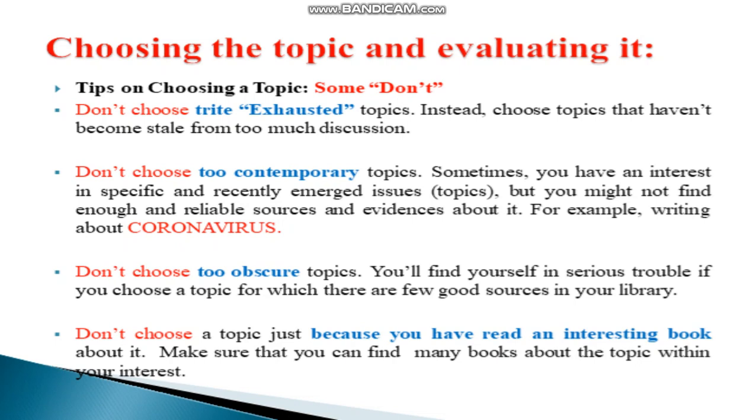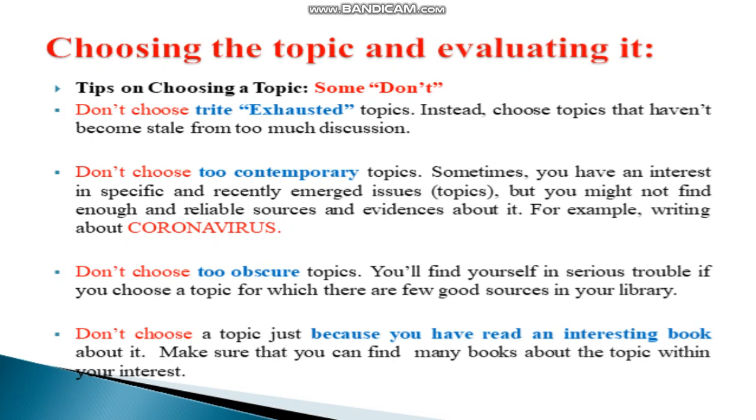So when you select such a type of topics, you might find yourself, and here I emphasize the word might, you might find yourself in trouble. So what is the type of trouble here? The trouble is embodied by the limitedness in terms of the sufficient and reliable sources and evidence about it.